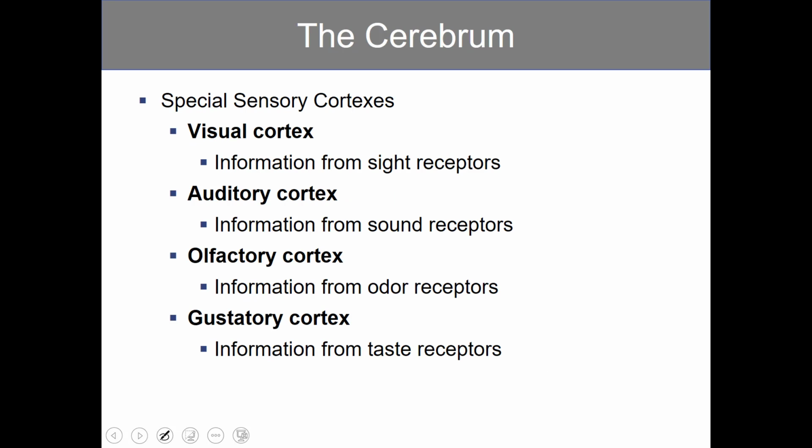There are other areas of the cortex that are associated with senses. So we have a visual cortex that receives information from the eyes, the auditory cortex, which receives information from our sound receptors within our ear, the olfactory cortex from our odor receptors, and gustatory cortex from our taste receptors.